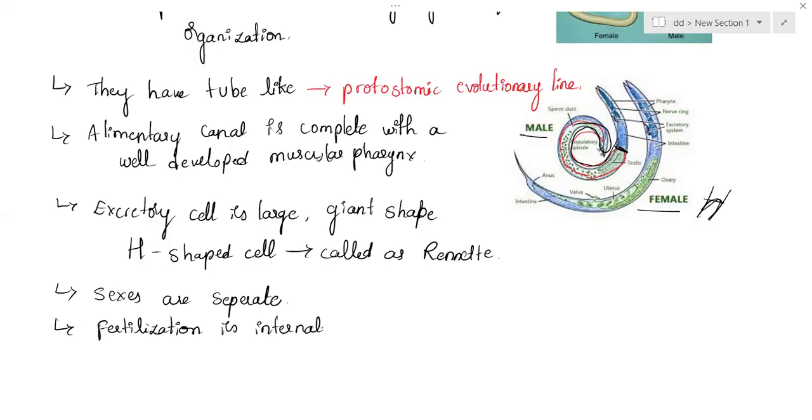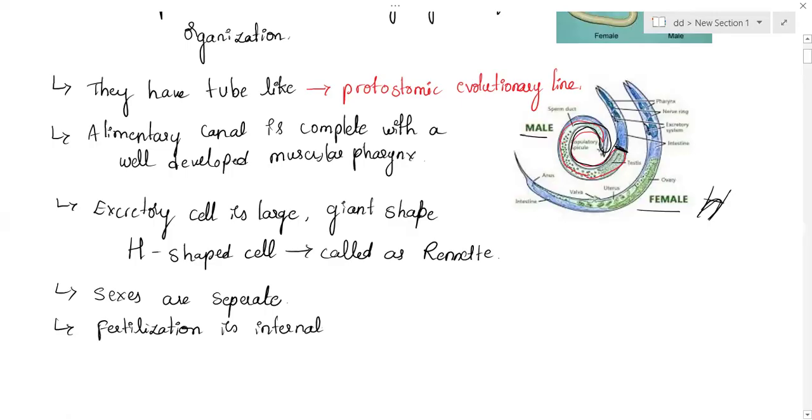The sperm can select any egg in the water, fertilize it outside, and it will develop outside only. That is called external fertilization. In internal fertilization, the fertilization happens in the body.